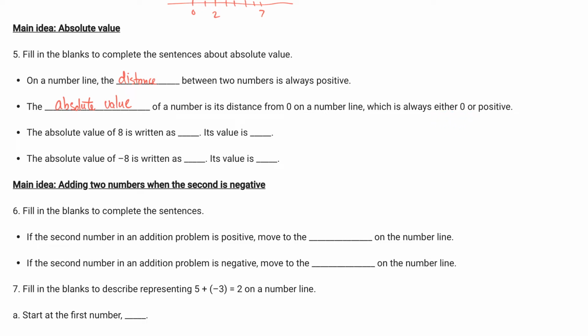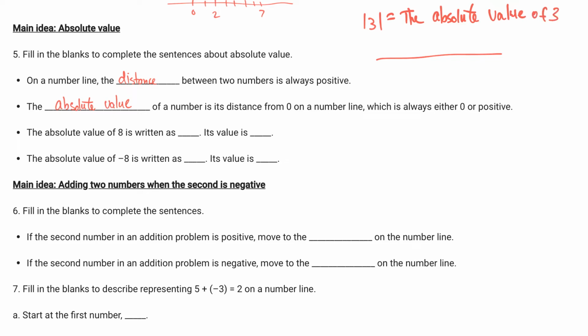So I mean, this is a repeat from 6th grade, but if we have this thing called the absolute value, so if I say 3, this is called the absolute value of 3 right there. That means the absolute value of 3.